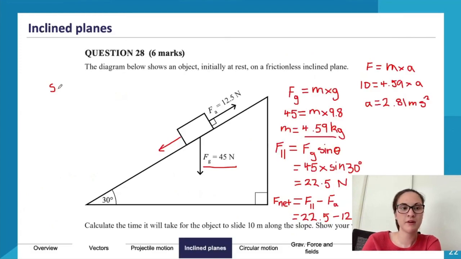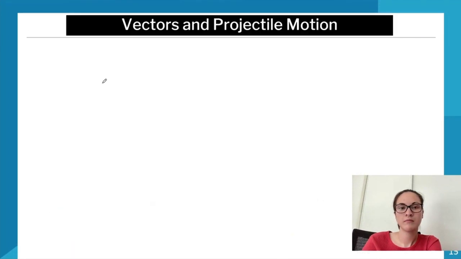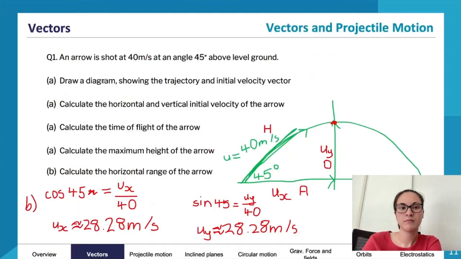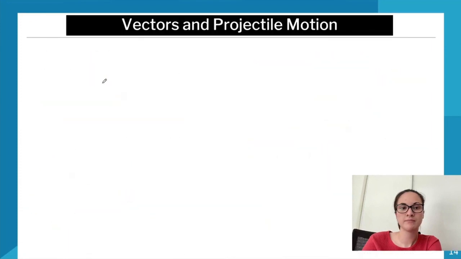Computer will let me. Yep, so S_Y is equal to half g t squared plus u_y t.